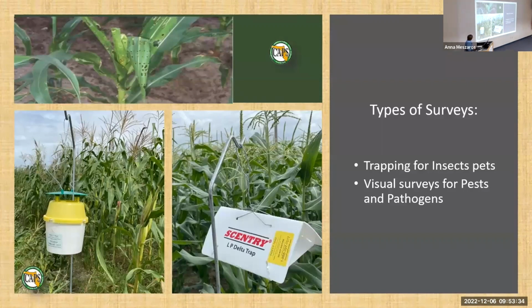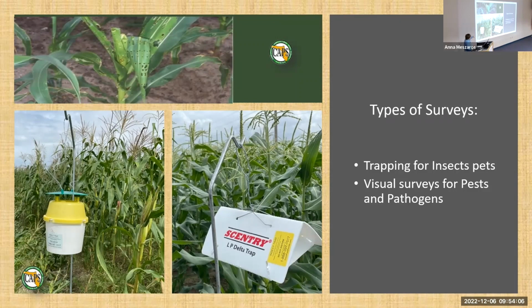Okay, we do 3 different types of survey: trapping for insects and pests, and visual survey for pests and pathogens. Basically, we're using different kinds of traps, for example, the yellow plastic and the Delta trap. And we use another sticky board when the crop starts and finishes.